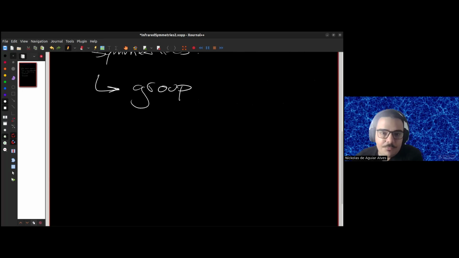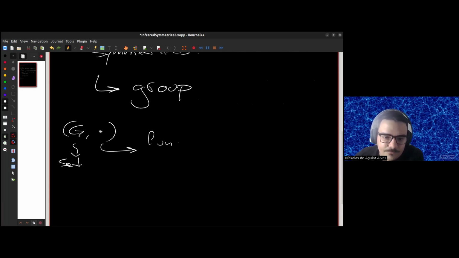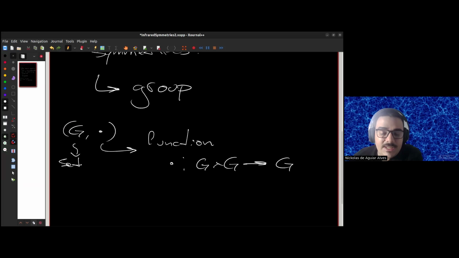To recap what a group is, the basic idea is that we have a pair composed of a set G and a function dot that goes from G Cartesian G to G. So it eats two elements of the group and spits out another element of the group.